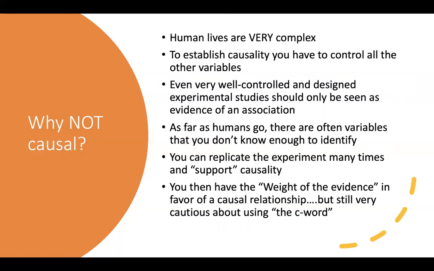And so you can set up a study, and you can even have very well controlled, very well designed studies. There's still really only evidence of an association, because it is really difficult to say that you have controlled all of the things, or that you know enough to have controlled all of the things. Like, for example, let's say that, now this is crazy, okay? So don't think this is true.